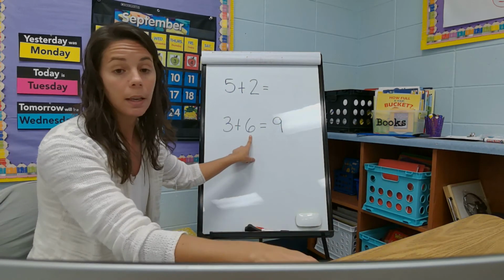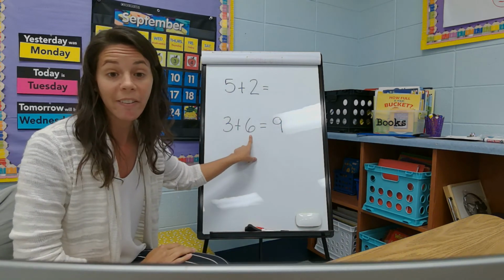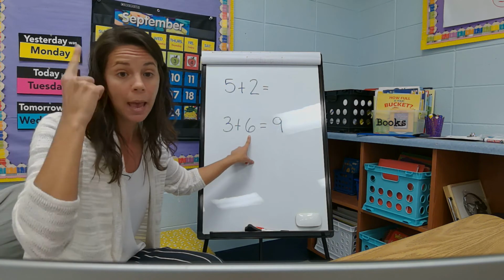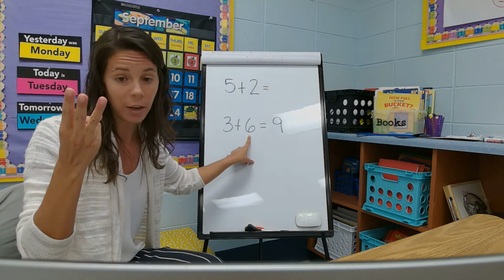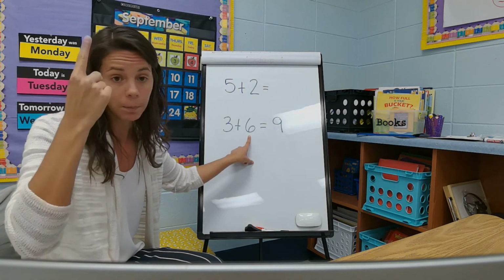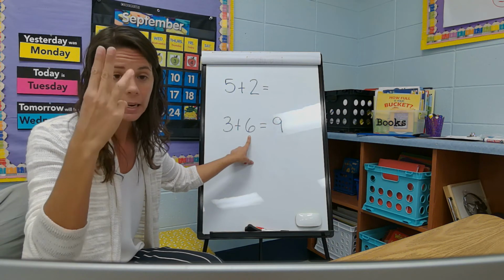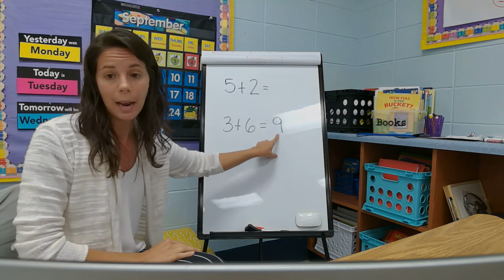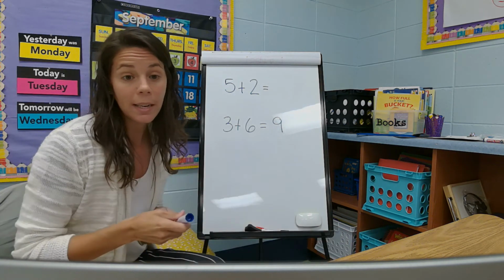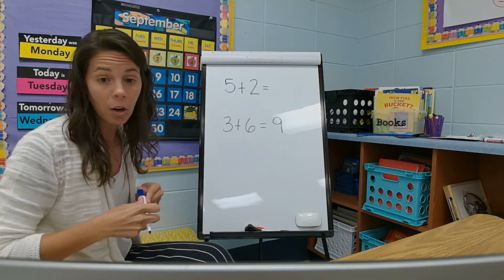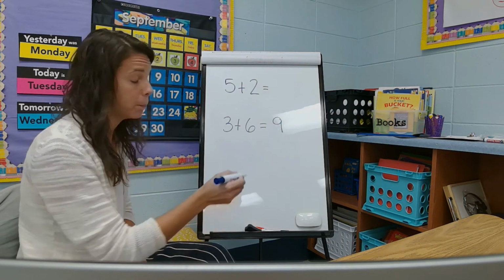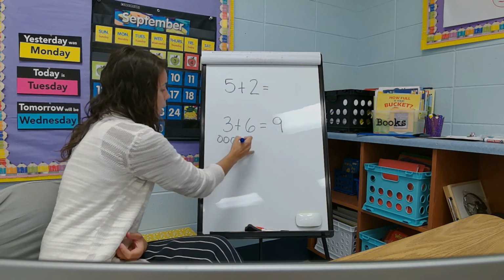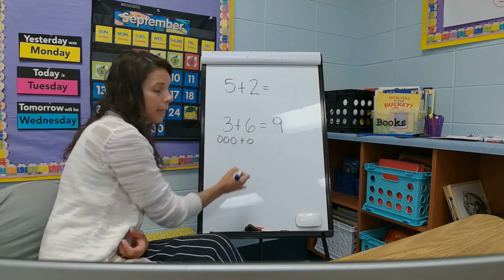Okay, so I'm going to use my math talk. At first, I tried putting the 6 in my head, and then I counted up with my fingers. 6, 7, 8, 9. I counted up 3 more, and I got 9. If I wanted to double check my answer, we could draw a picture. So I'm going to draw 3 little dots here, plus 6 more dots.